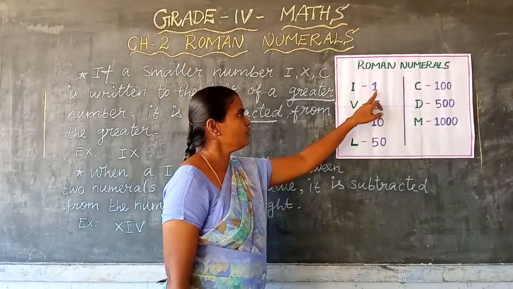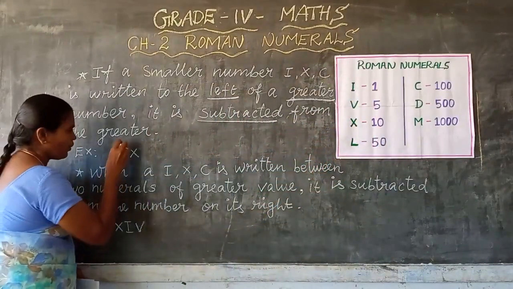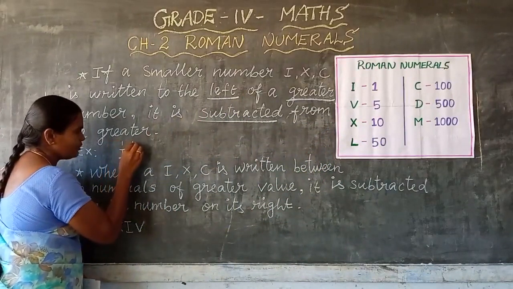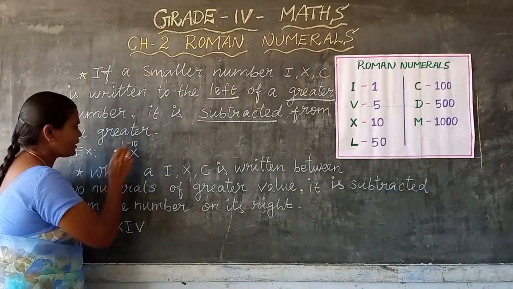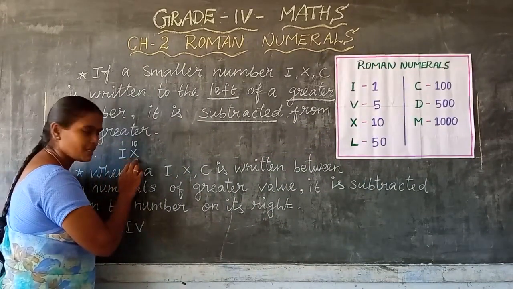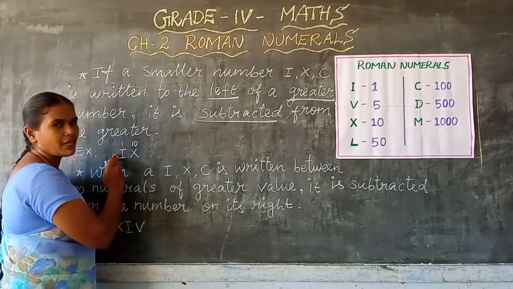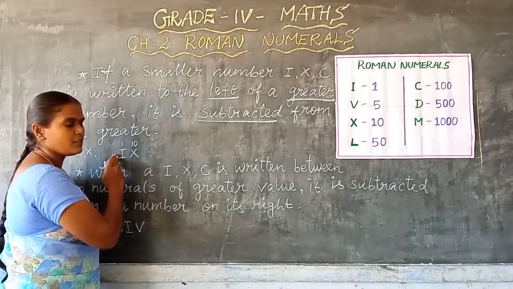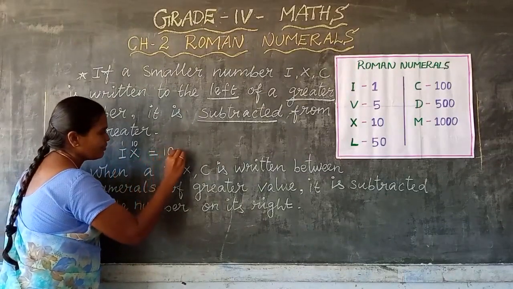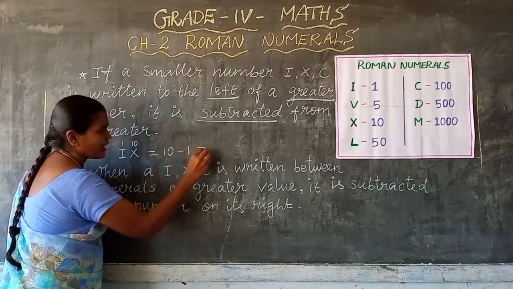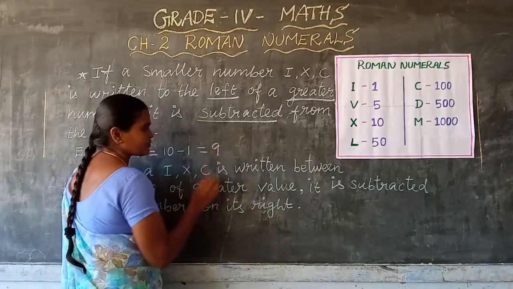Here, which one is the greater, 1 or 10? 10 is the greater number. So greater number, left side we have the small number, so this one is subtraction. So 10 minus 1.